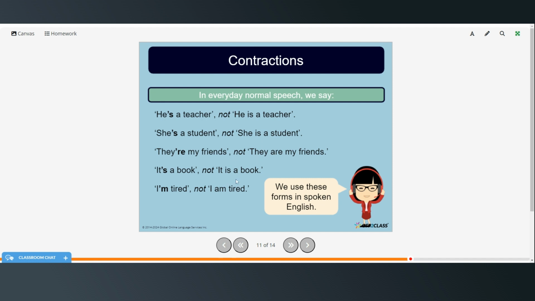It's a book instead of it is a book. And I'm tired instead of I am tired. Now these aren't wrong. All of these are correct. And it wouldn't make a big difference if you said them. It would just sound a little bit too formal for conversation.